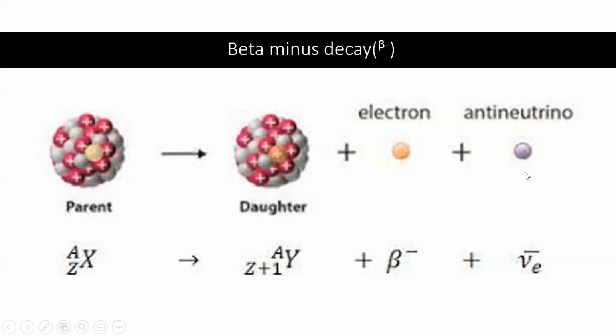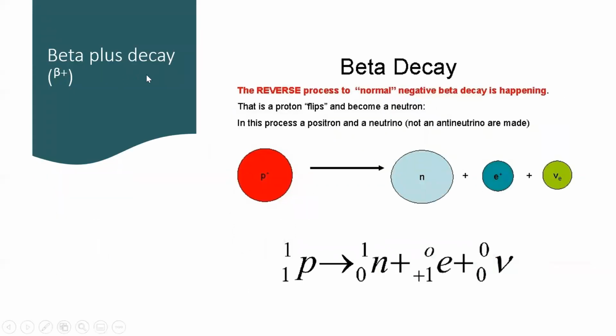All right, let's look at beta plus decay. The reverse process of beta minus decay is happening here. A proton converts into a neutron. While converting into a neutron, a positron is created, because when a proton converts into a neutron, the plus one charge has to remain somewhere. It cannot just be lost in becoming a neutral particle. So that plus charge converts into a positron.